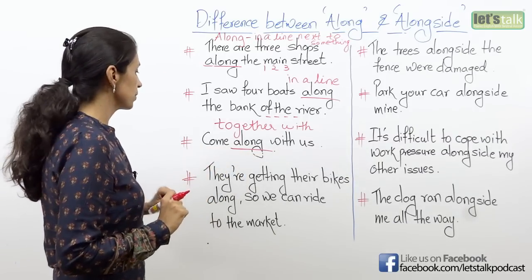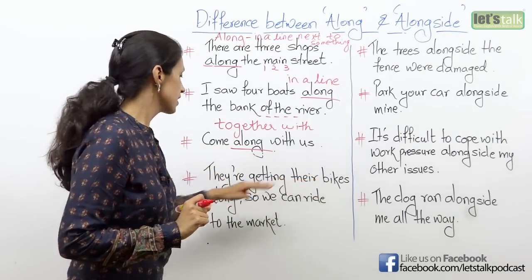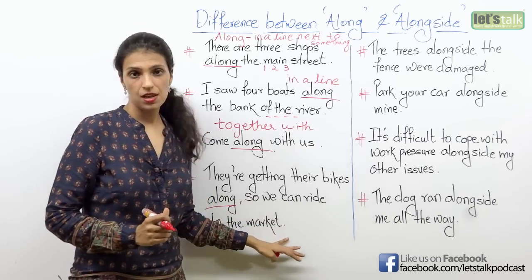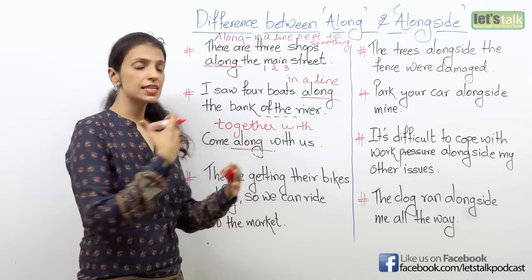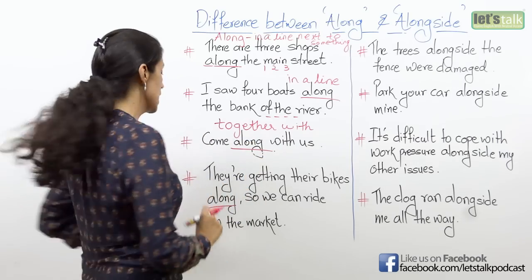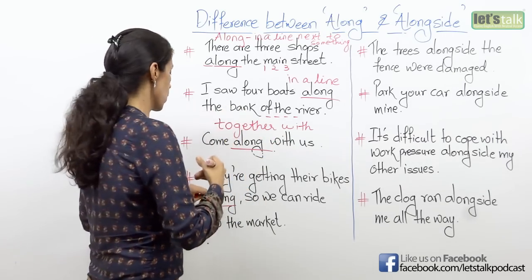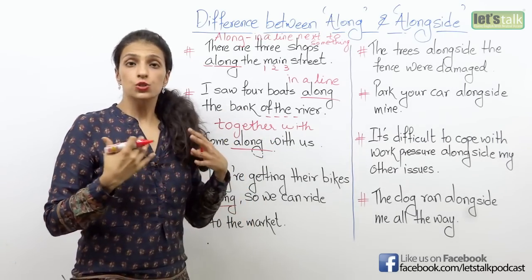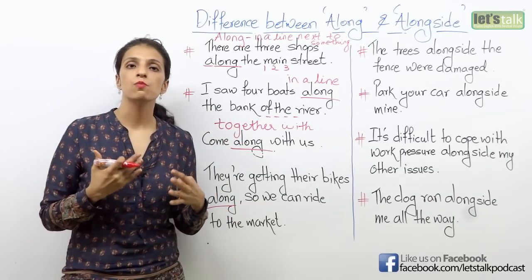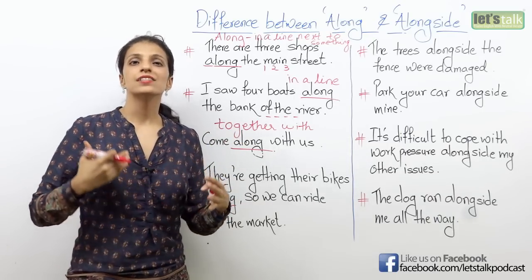In my next example, they are getting their bikes along, okay? So we can ride to the market. Now if you see, when I say they're getting the bikes along, again, they're not coming in a line, they're not riding in a line, but here it means they're bringing it with them, all right? So if you see the last 2 sentences, we are talking about verbs of motion. Verbs of motion where there is movement.